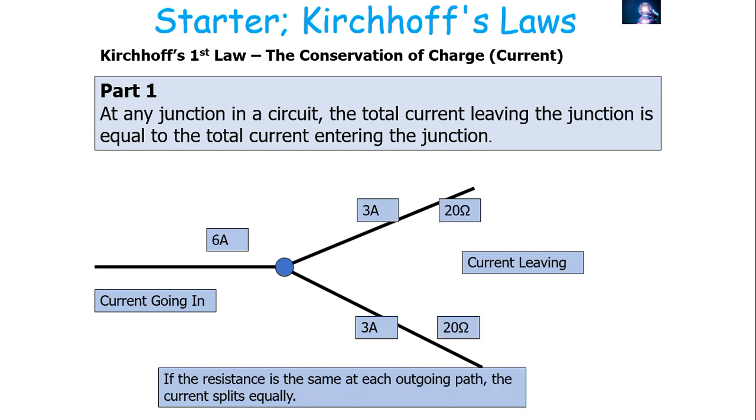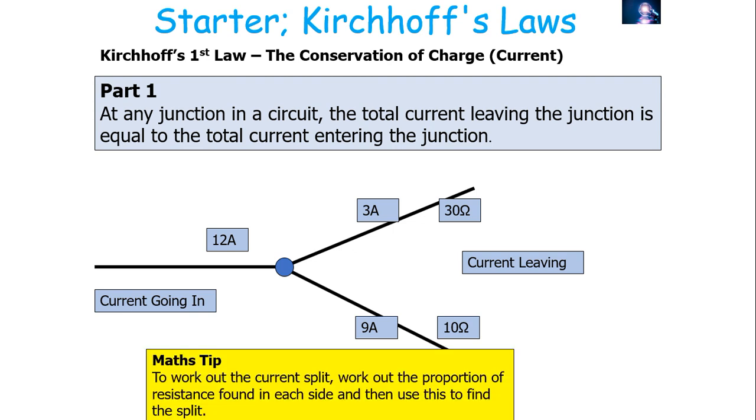Now, as we said before, if the resistance in each path is the same, the current will split equally. However, if one path has double the resistance of the other path, it's going to have half of the current. And similarly, if the resistance on one path is triple compared to the other, the current on that path will be a third of the other.